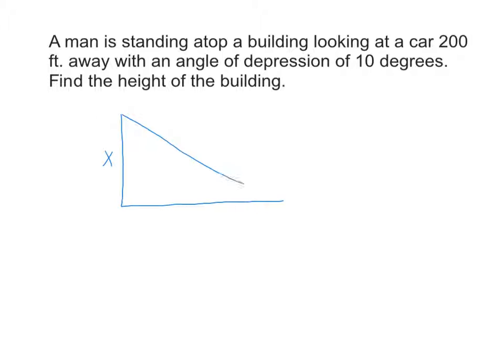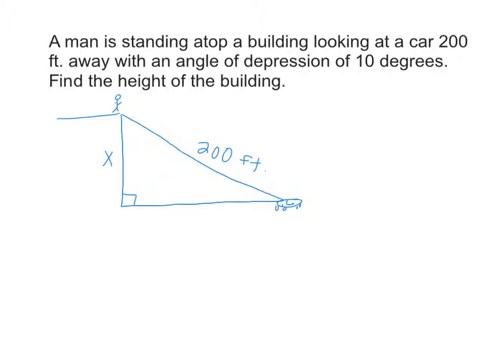And so we have a right triangle here. So here is the building, and we have this person standing on top of it, and here is the car, there's my awesome illustration of a car, whatever. So it's 200 feet away, and we're told that the angle of depression is 10 degrees.